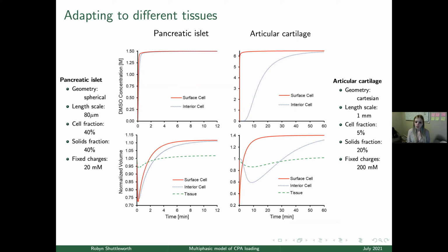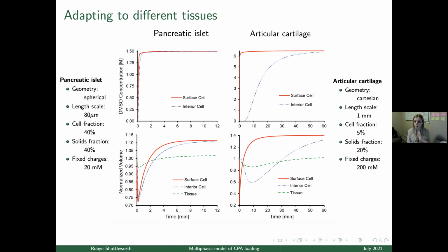And from these 2 results, we can make a couple of different predictions. On the top graphs, we have the CPA concentration. The islet was immersed into a 1.5 molar concentration bath of CPA, and articular cartilage was immersed into a 6.5 molar DMSO bath. And we can gain some predictions about the CPA concentration over time within the cells in our tissue.